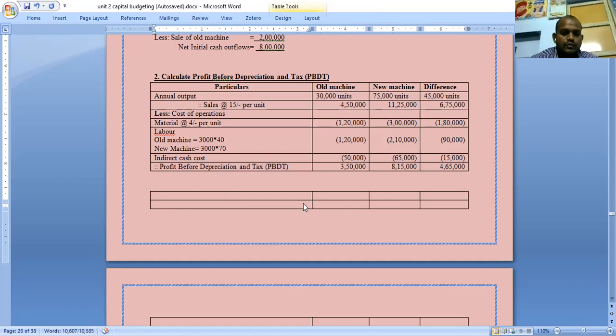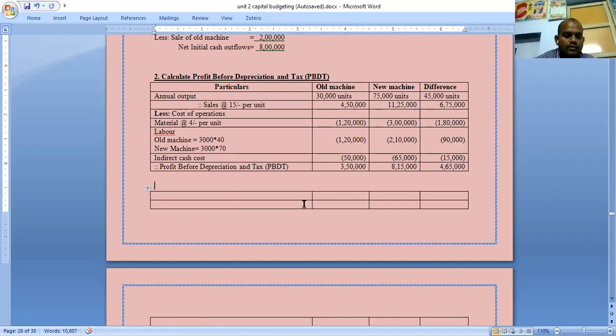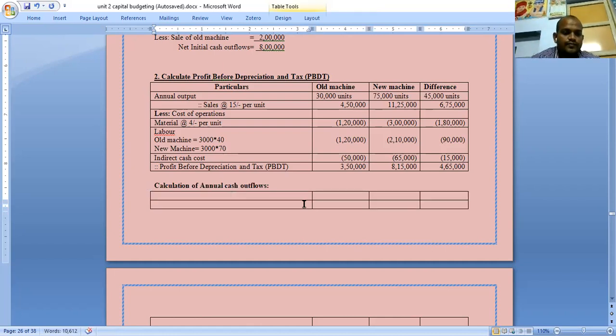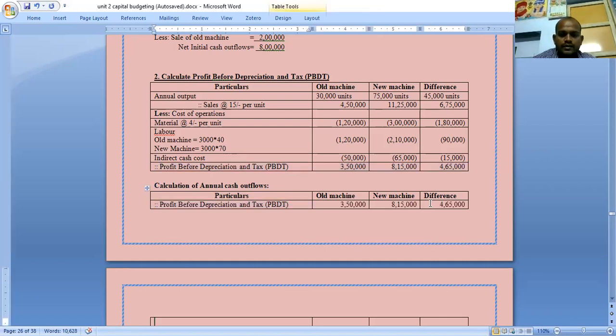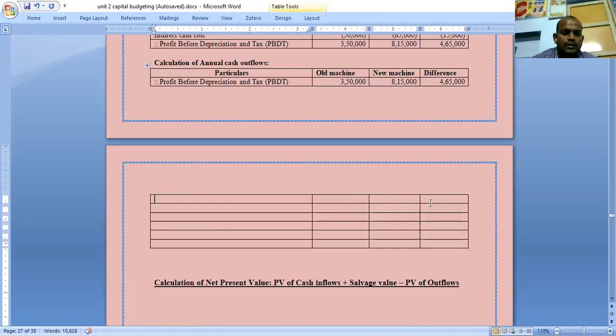By using profit before depreciation and tax, we have to calculate the annual cash inflows. So particulars, the same columns we have to maintain to get the incremental cash flows. Profit before depreciation and tax. Now we have to deduct the depreciation.